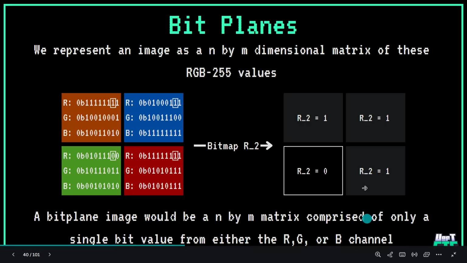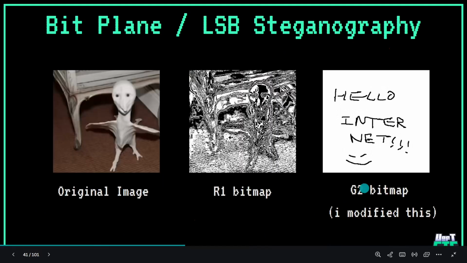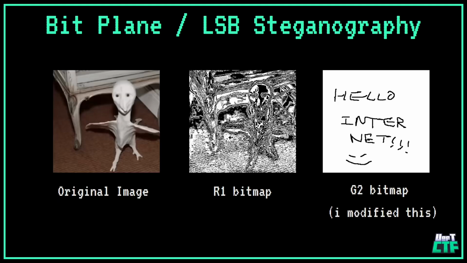Something that you can do is you can hide images or hide data within the lower bits, because that actually doesn't change the image a lot. So this is the original image, but the original image has different bitmaps for the green layer. The second bit for the green layer, the original image doesn't look that bad, but if you get only the green bits, you can see that the data in there is completely separate.